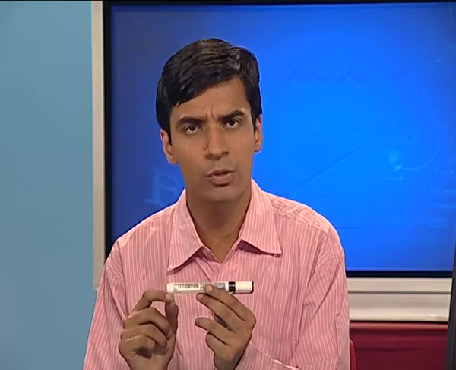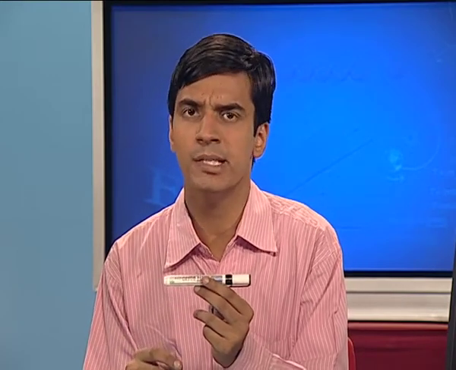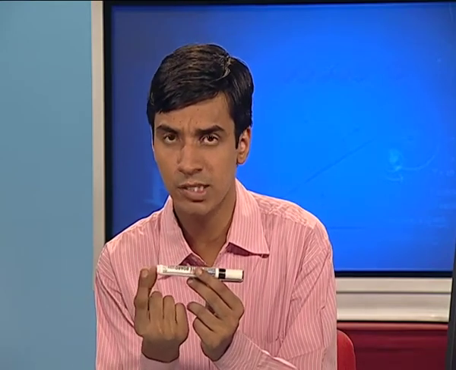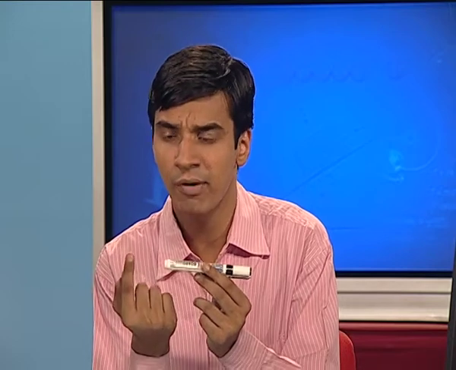The rod has to be very thin so that it can be supported here. Now if I place an uncharged sphere near this sphere which is charged, there will be some transfer of charge from this charged sphere to the other one.